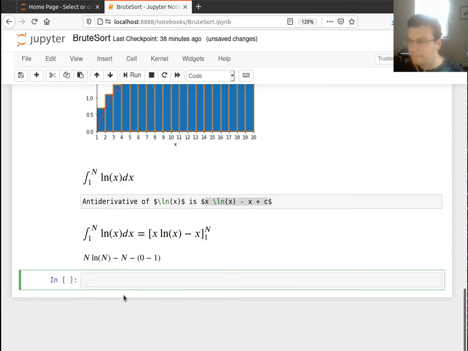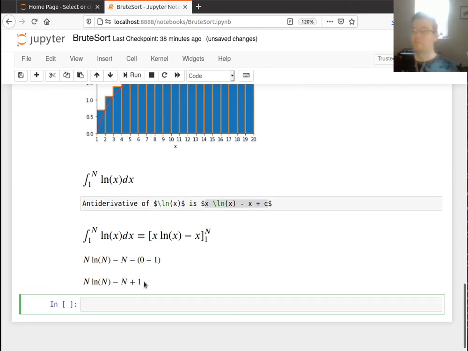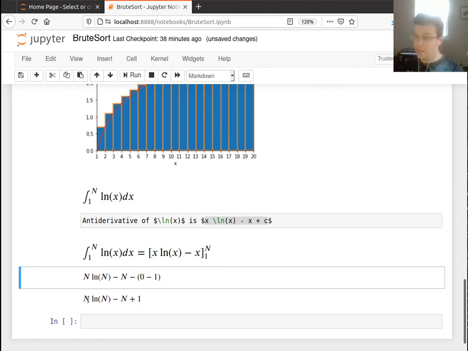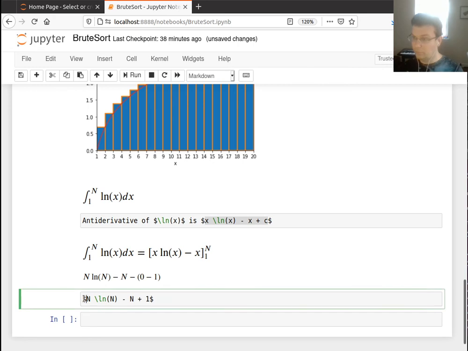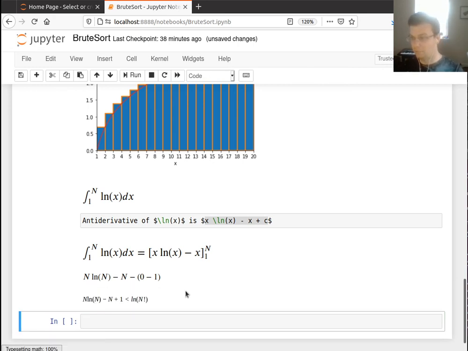So that is just n natural log of n minus n plus 1. So what I've just shown is that this is less than the natural log of n factorial.